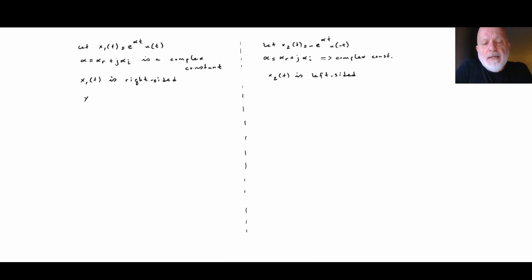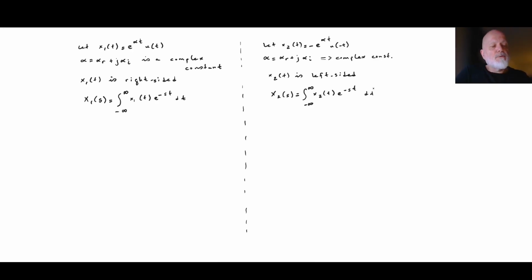Now let us calculate the Laplace transform of x1 of t. So X1 of s is the integral from minus infinity to plus infinity of x1 of t e to minus st, integrated with respect to t. Similarly, X2 of s is the integral from minus infinity to plus infinity of x2 of t e to minus st, integrated with respect to t.